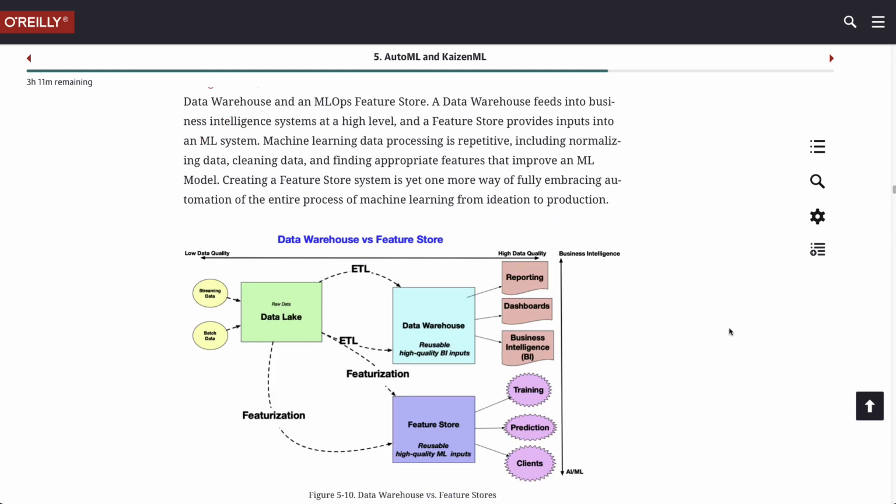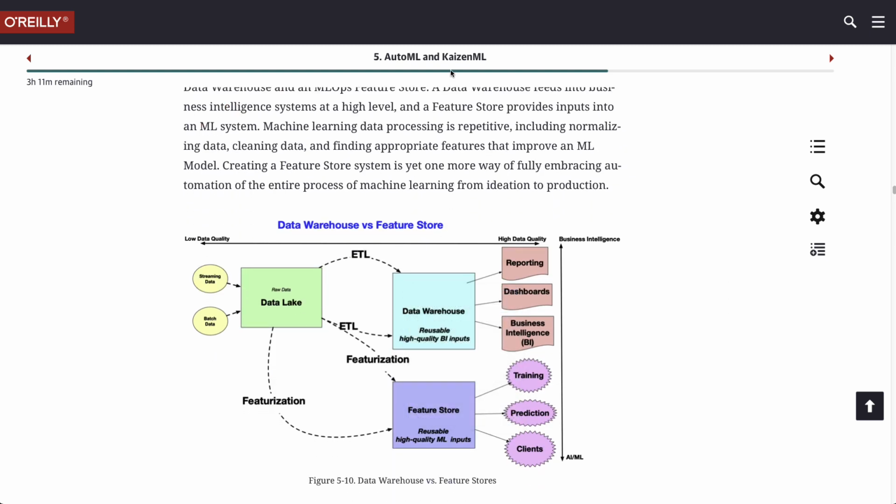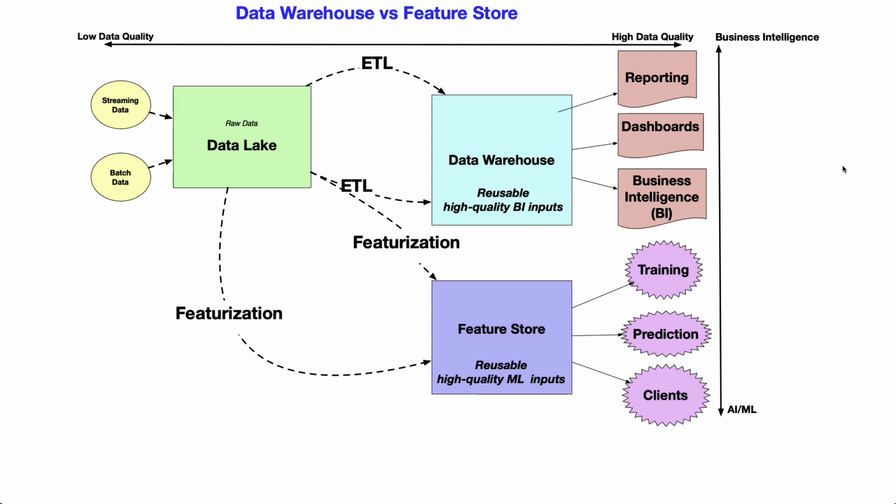So let's take a look at the difference between a feature store and a data warehouse. I think the biggest thing to be aware of is that with a data warehouse, many people are aware of how those work. They're essentially a high quality business intelligence input.